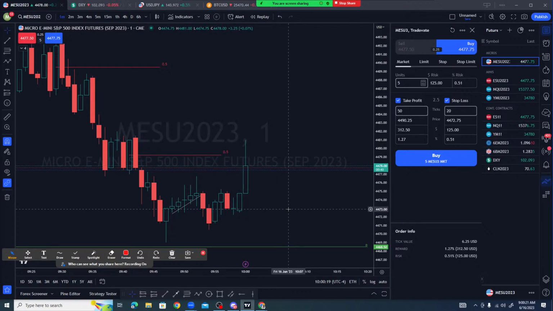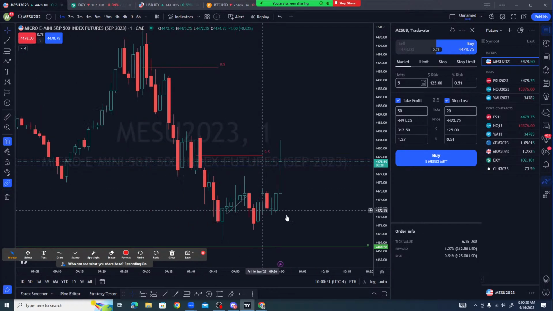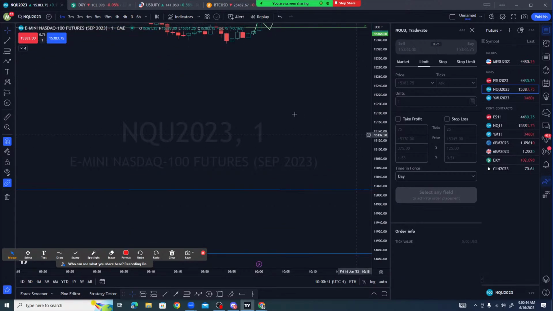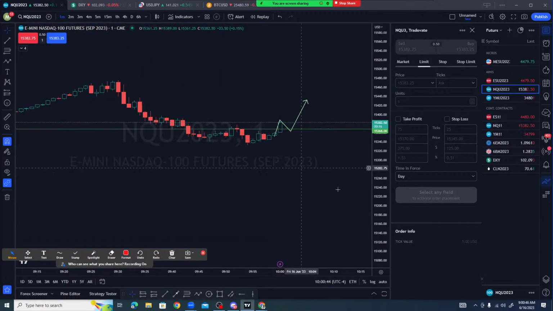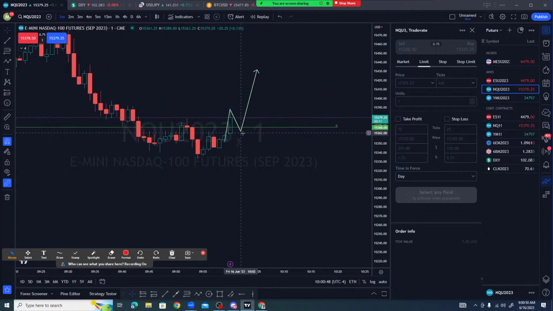The numbers actually came out pretty decent for the dollar, but the dollar didn't like it initially. Again, that's the type of move you would want to see. We got that push up. See if we come back down.